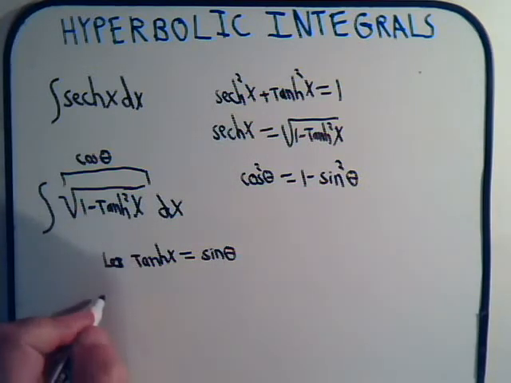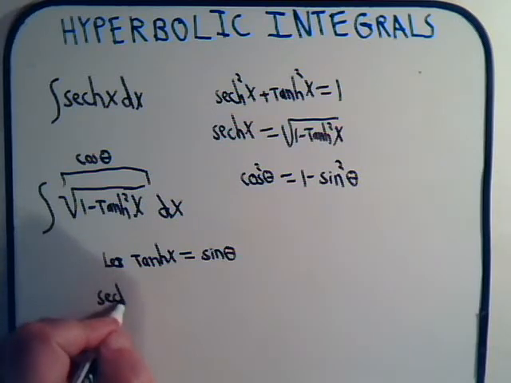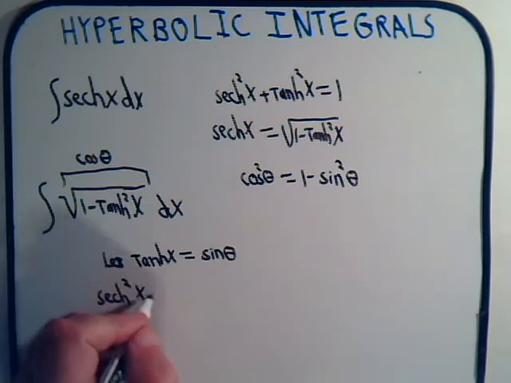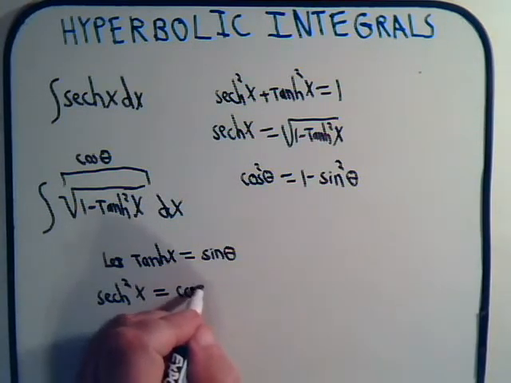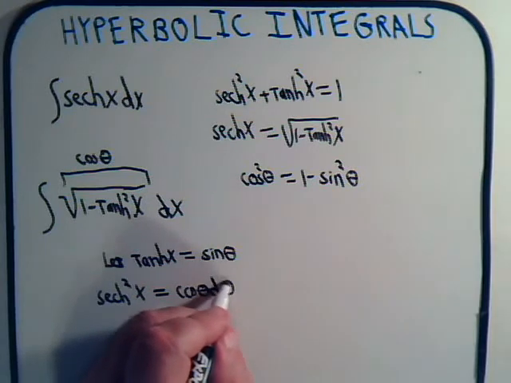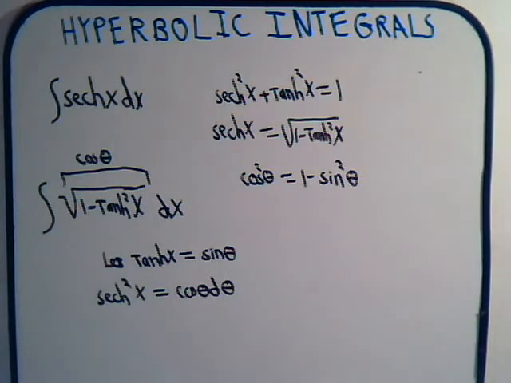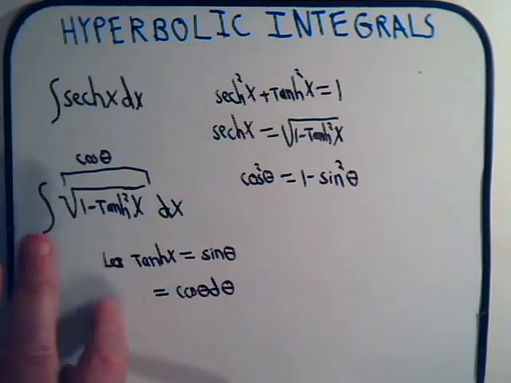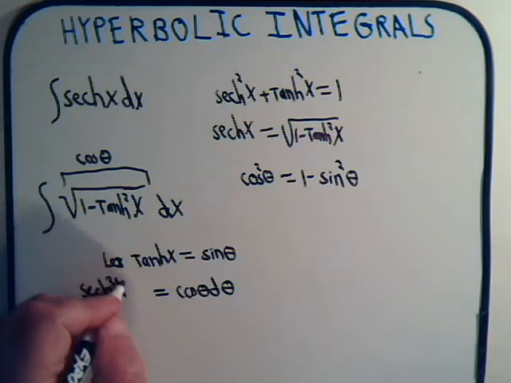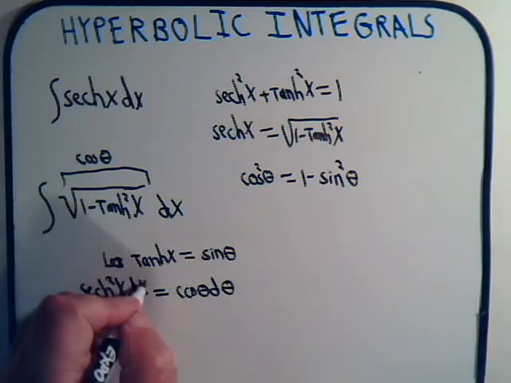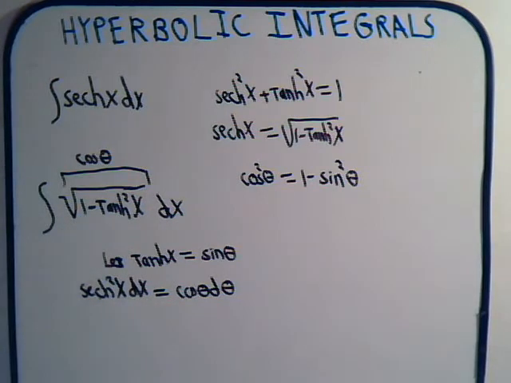This is the hyperbolic secant squared of x dx, and the derivative of the sine of theta is plus the cosine of theta d theta.